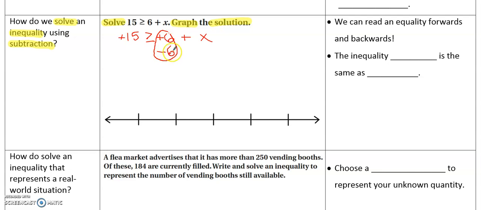And if I subtract 6 on the right side using the subtraction property of inequality, I must subtract 6 on the left side. Okay, 15 minus 6, hopefully you know that's 9, is greater than or equal to, these are opposites, that's 0, plus x. Do I put plus x? Well, plus x is the same as positive x. I don't need to put anything in front of it. So 9 is greater than or equal to x.